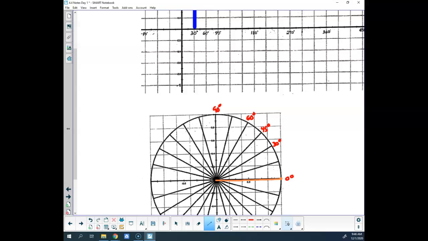We're measuring horizontal distances to our points, and we're transferring it to the graph.